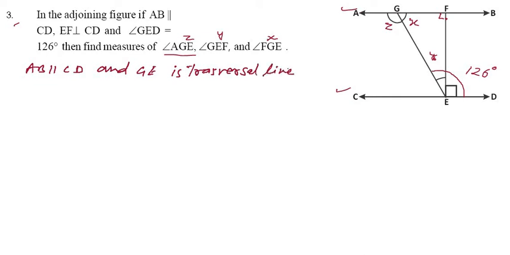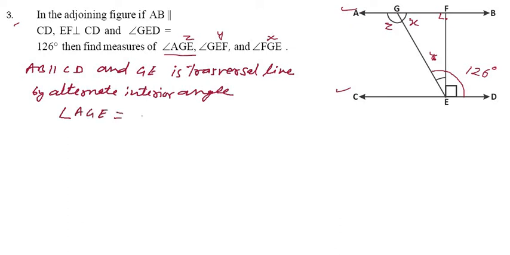That means by alternate interior angles, angle Z is equal to 126 degrees. So angle AGE will be equal to angle GED, which is given as 126. So angle AGE is equal to 126 degrees.